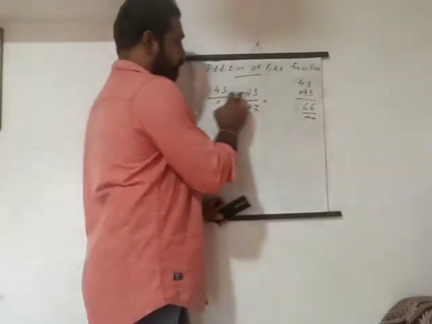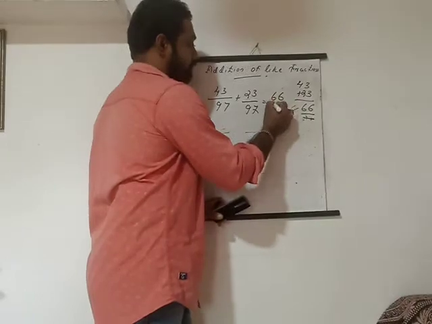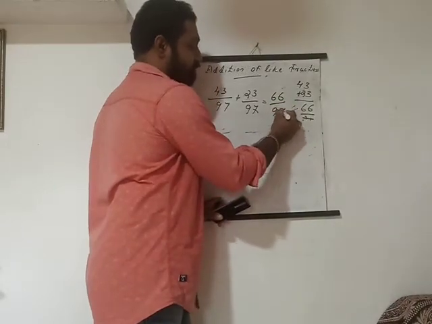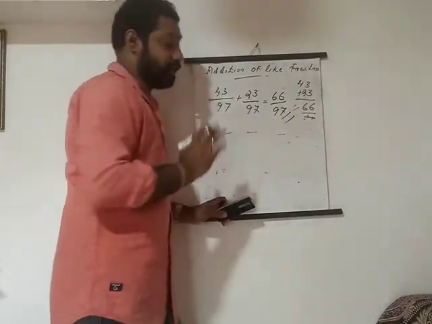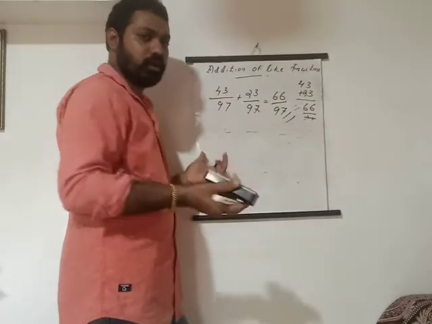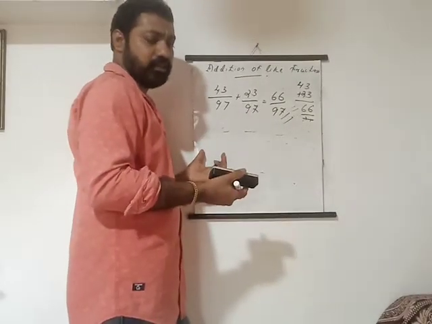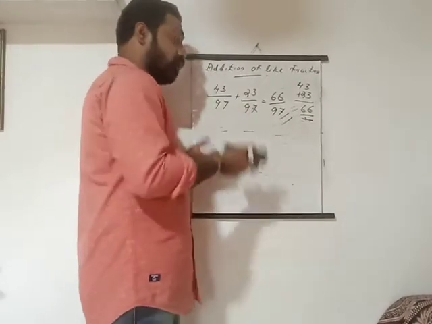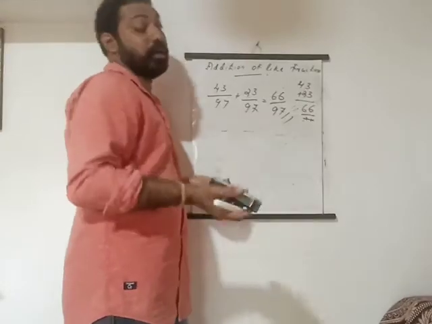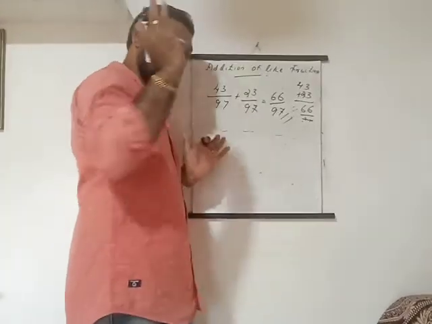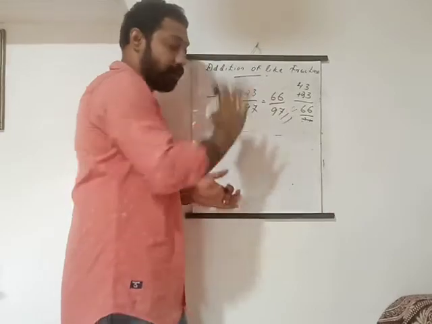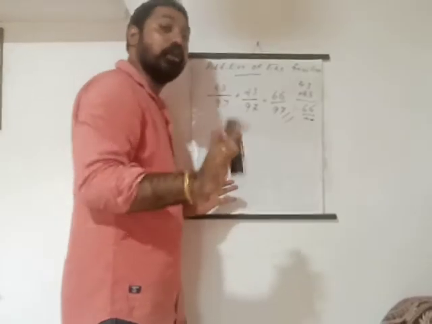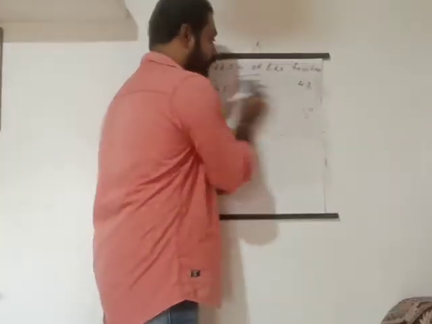So 66 by 97. This is our answer. Is there any difficulty? Not difficult, very easy. If you know addition, we already started addition, isn't it? We just add the numerators and write the same denominator. That is addition of like fractions.